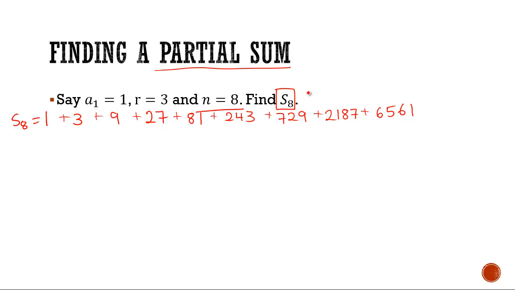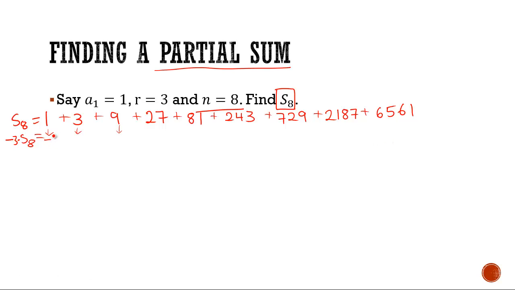So there has been a method devised, and I just want to share it with you. You don't need to remember to use this method, but it's a point of interest to take a look at. So it has been found that if you take the S8 and then you subtract R times S8, which in this case is 3 times S8, each of these terms becomes multiplied by 3 and negated, which when we add them up together is going to cancel out a bunch of terms.